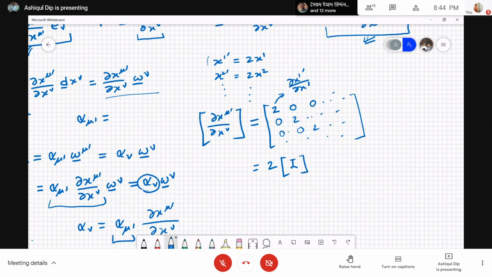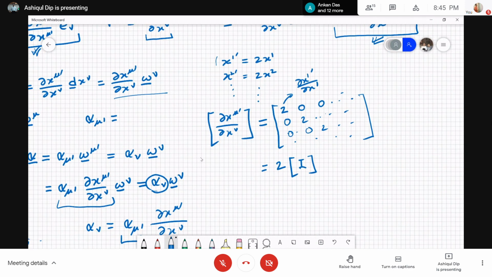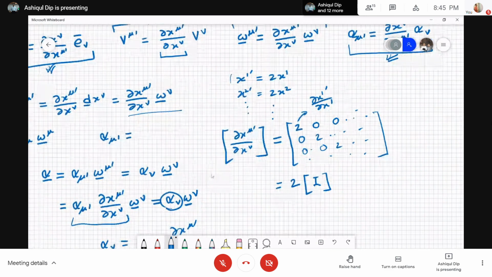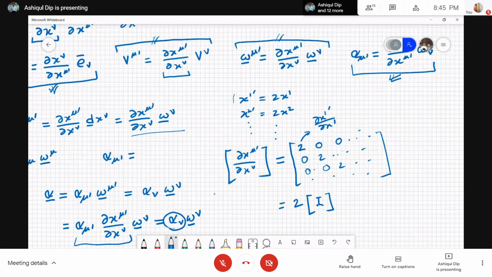Yeah. So if you multiply the identity with something, it's just that. And so you can write this relation like this: x mu prime equals twice x mu, right? This is the full form. We could do this component-wise as well, keeping those indices.